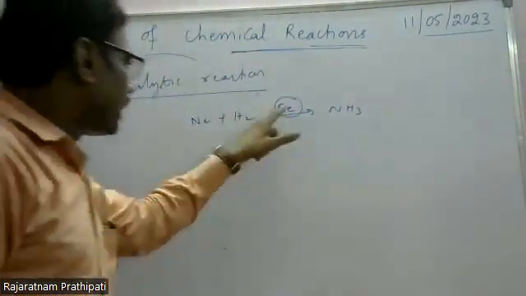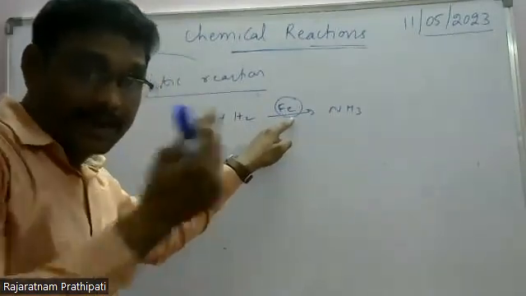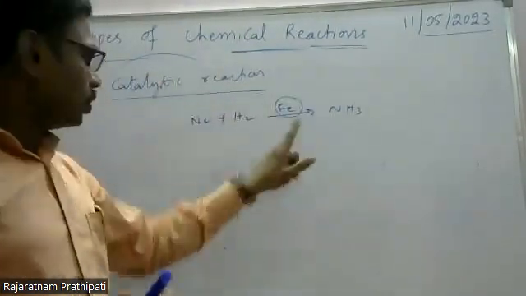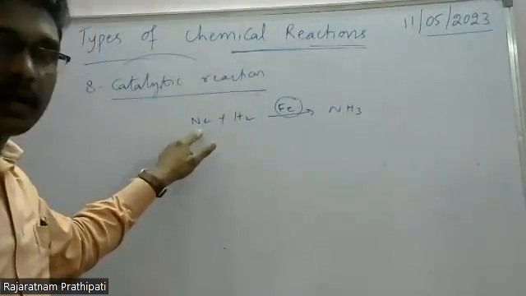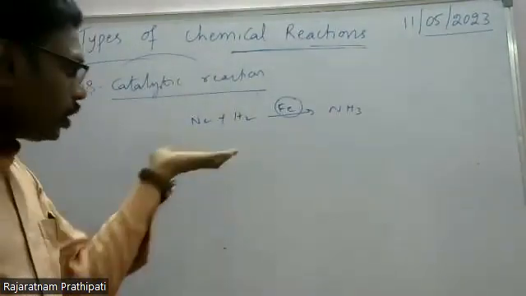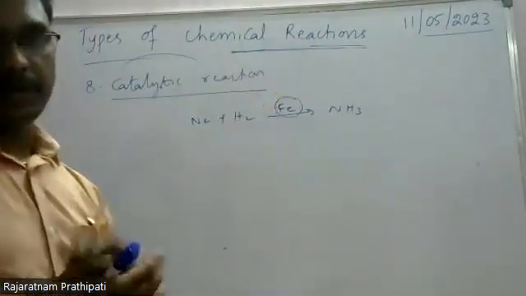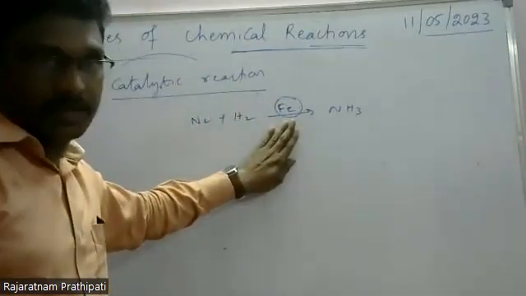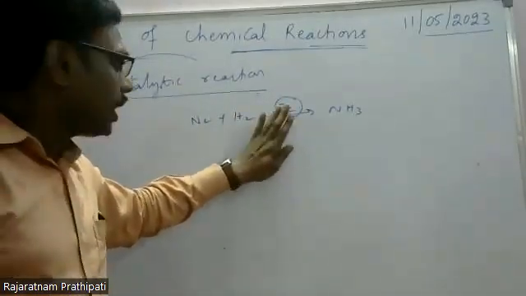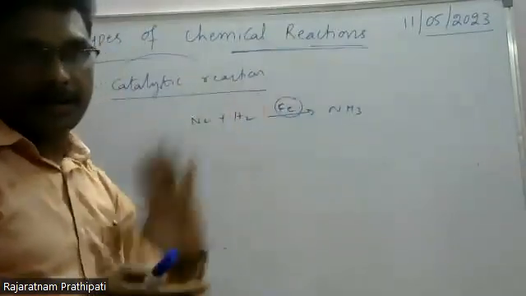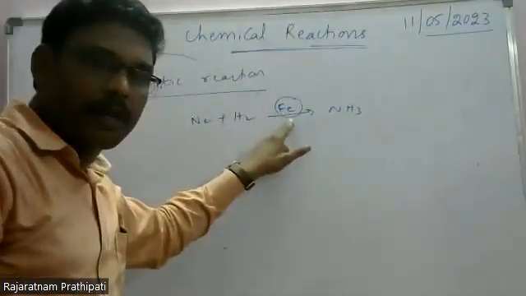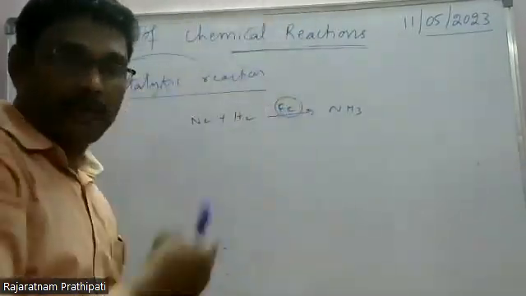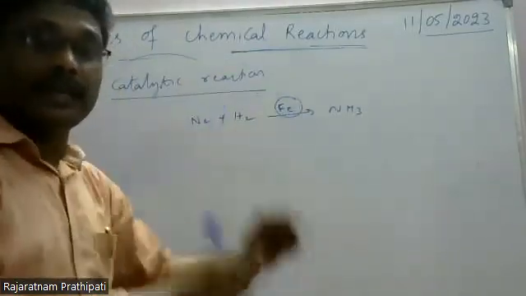A catalyst is an external substance which is added to the reaction mixture to speed up the reaction, or rather, to alter the rate of the reaction. It may increase or decrease the rate of reaction.